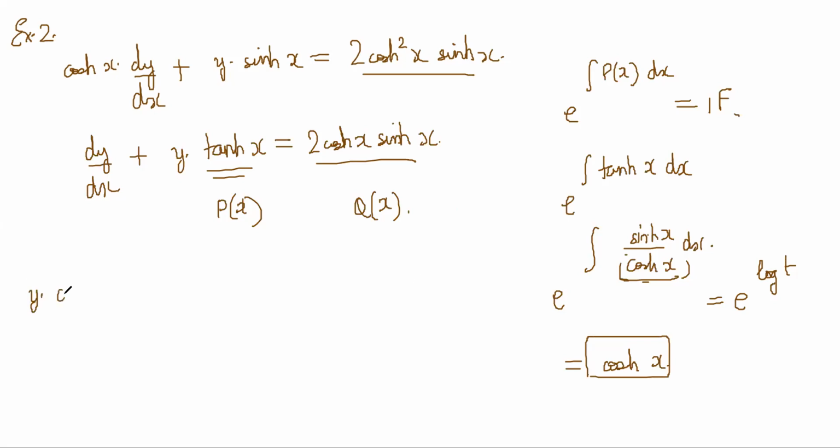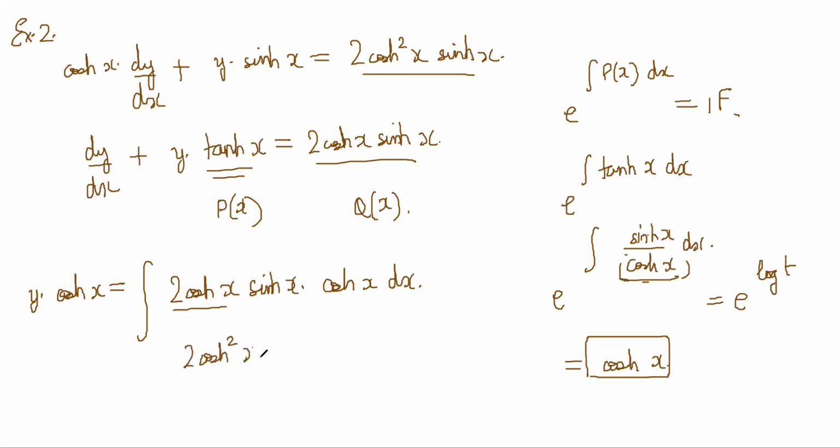So y into cos hx is equal to integral of 2 cos hx sin hx into cos hx. Now again, this is very easy because we can take cos hx as t, and then sin hx dx is dt, and this is 2t square. So 2t cube by 3 will come.